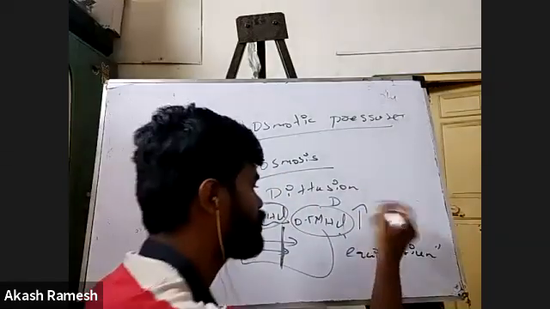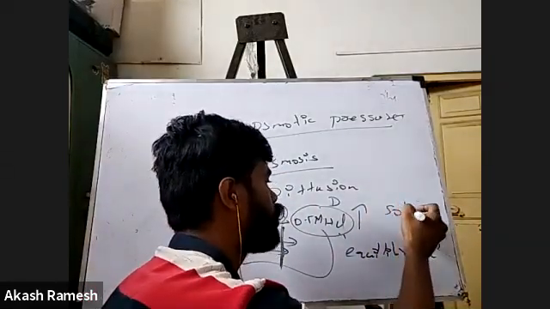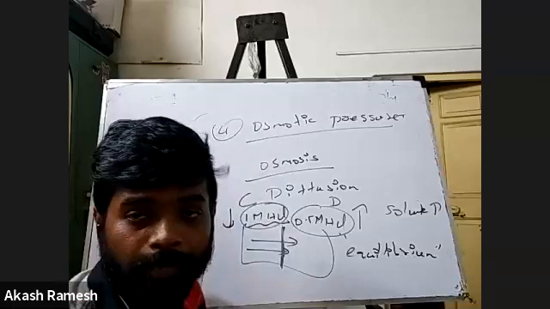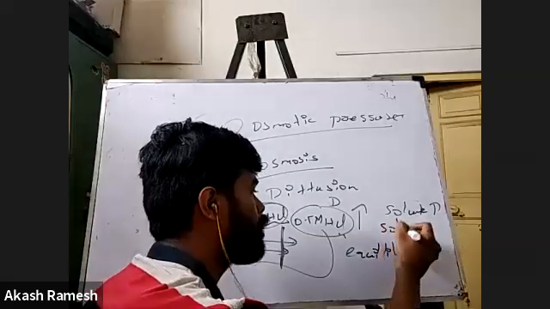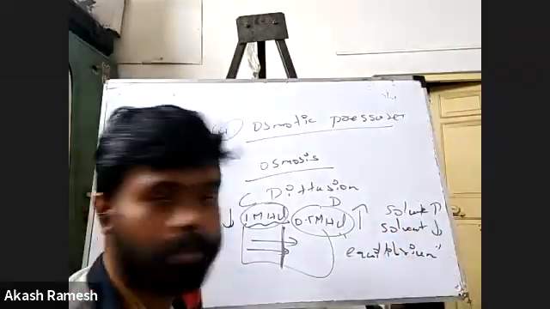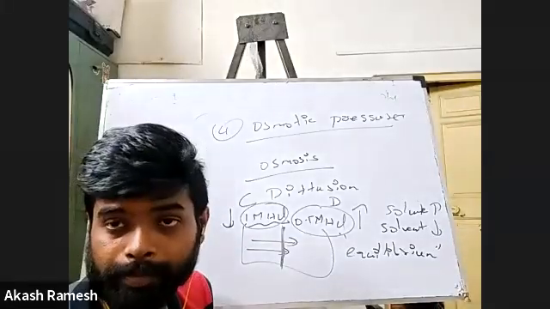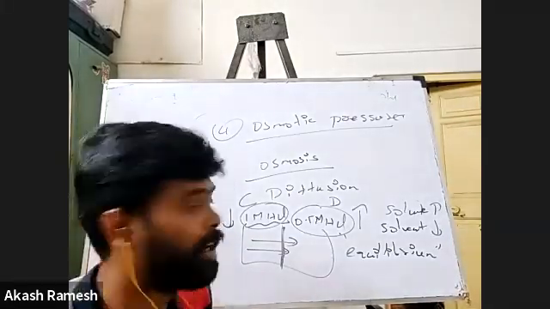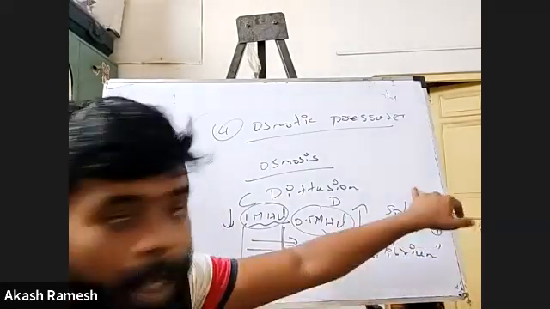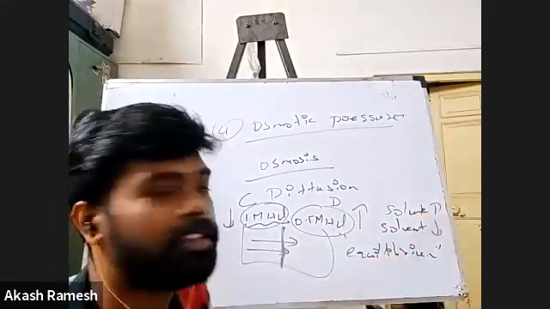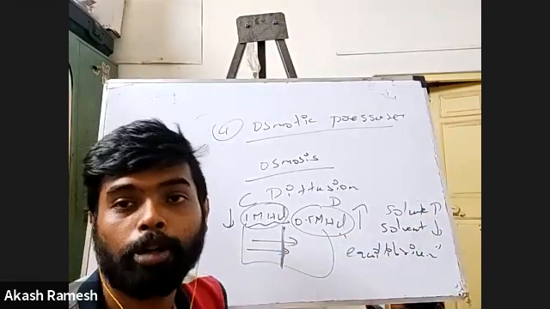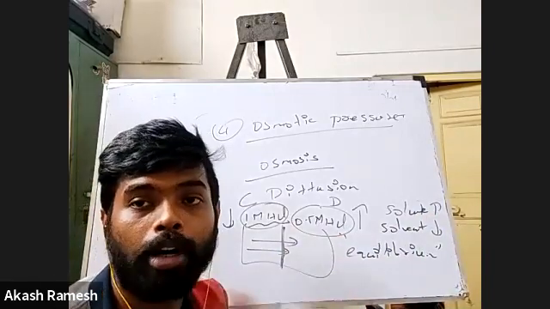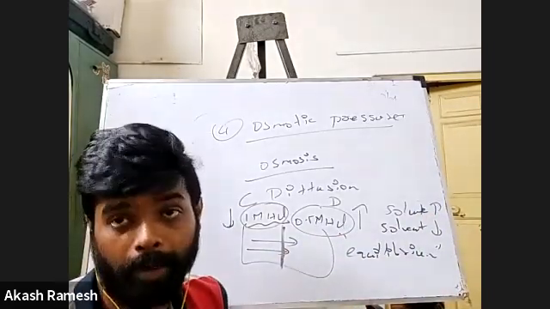I can write: increasing concentration can happen when solute increases or solvent amount decreases. Is it not? The two ways by which you'll be able to increase the concentration are by either increasing the amount of solute or by decreasing the amount of solvent. You will be able to make the solution more and more concentrated.